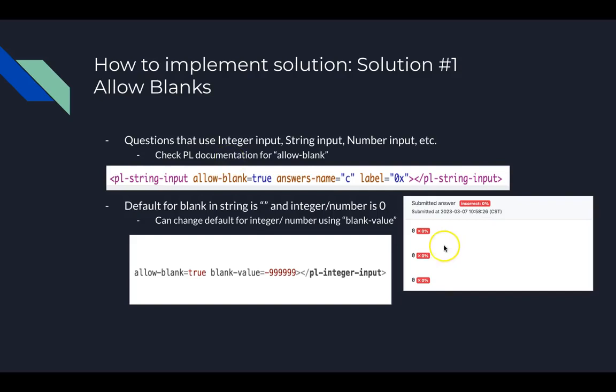And then that should allow you to put blank answers that should be gradable. For the integer and number, you can use the blank value property here, so blank-value, and you can set that to whatever number you want to. For the string value, it's just going to be empty quotes for your blank value.